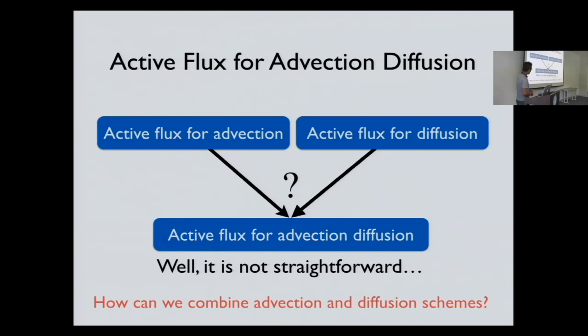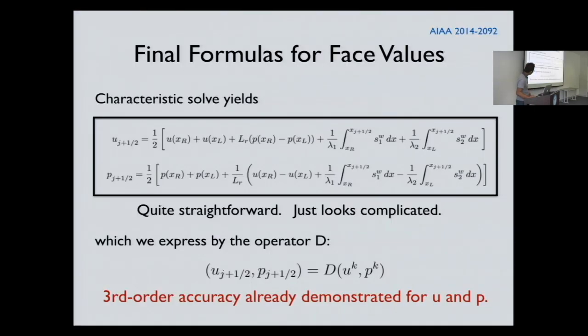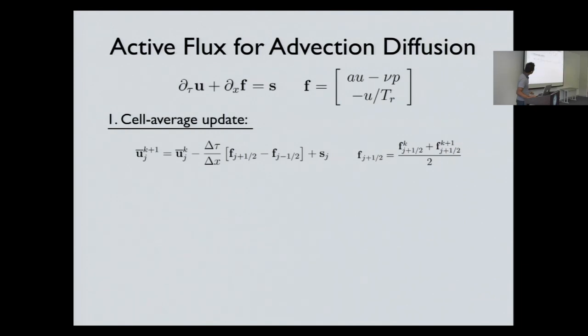Let me explain why this is difficult. So this is the Active Flux scheme for advection diffusion. So the flux now has an advective term and a hyperbolic diffusion flux. So the cell average update is straightforward, yes.